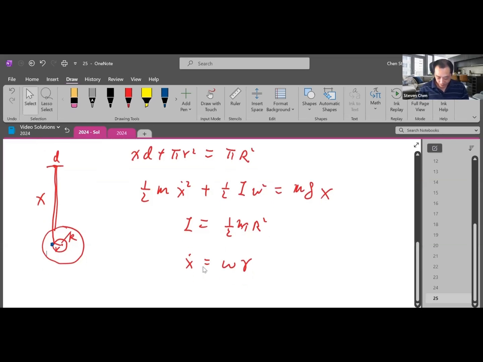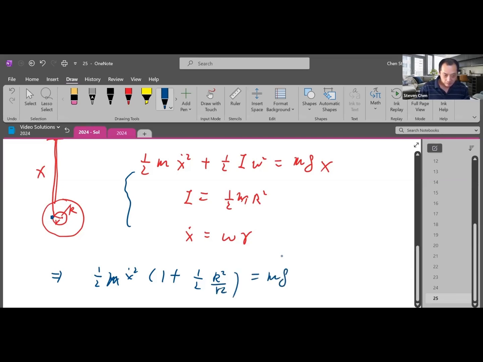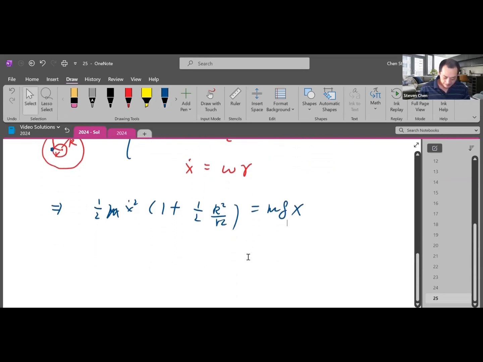All right. So now what we need to do is to put these three equations together and solve them jointly. When we put them together, we will see that we have this one, 1 plus, is equal to this one. Okay?